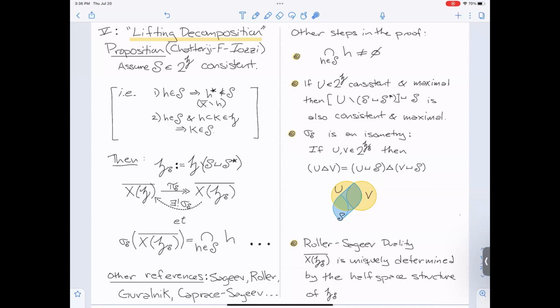And then finally, the last step is to apply that Sageev-Roller duality to get the fact that the thing I come back to, which is this intersection, is in fact the compactification of the associated CAT(0) cube complex located in the correct spot, if you will. So actually your question came at the right moment.